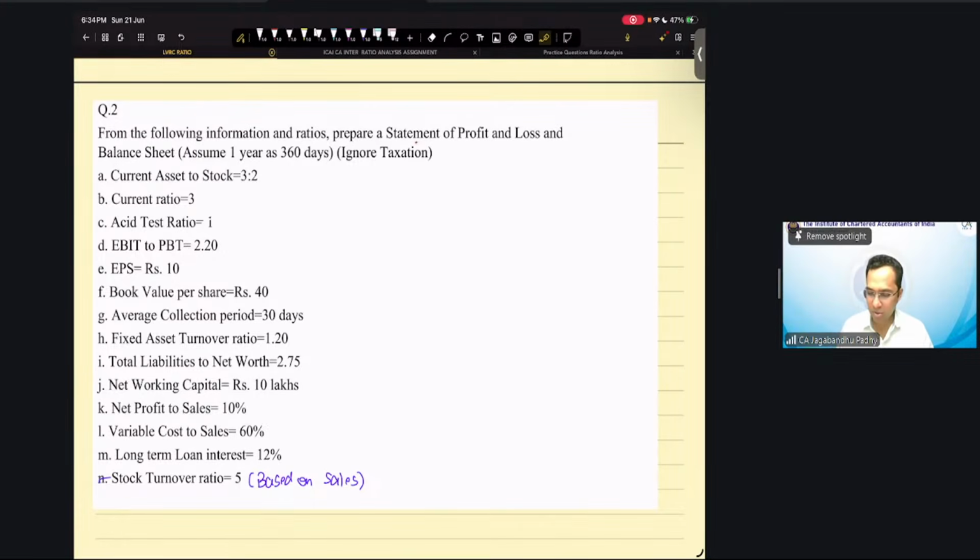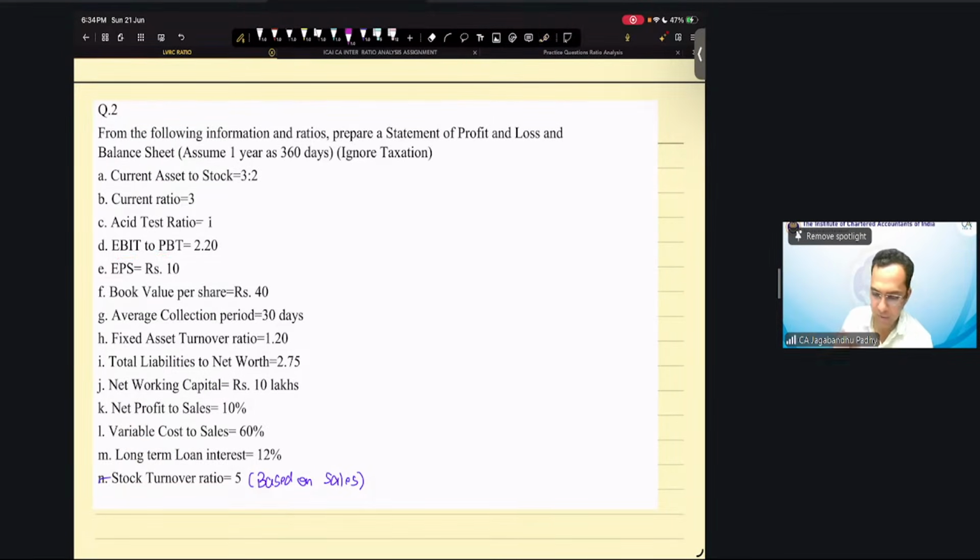I'll give you an idea about the statement of P&L a bit, because somewhere we may find it challenging. So in this P&L format, prepare the profit and loss. They've given you net profit, variable cost information, and the EPS number also, EBIT to PBT.